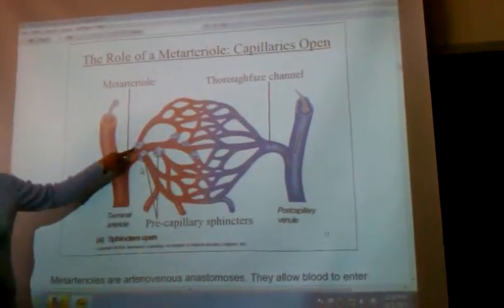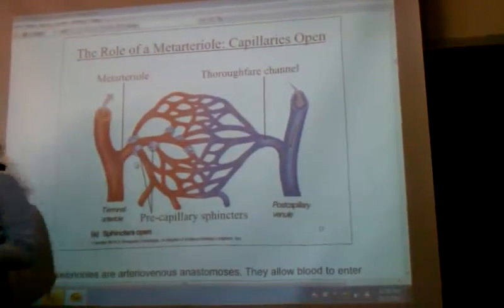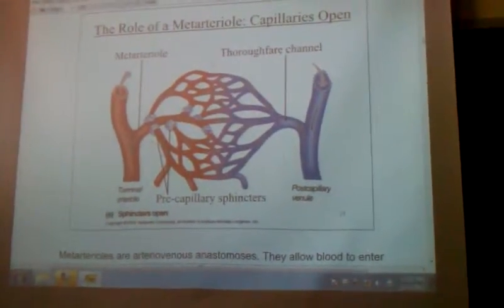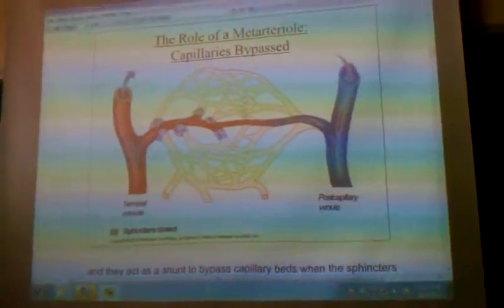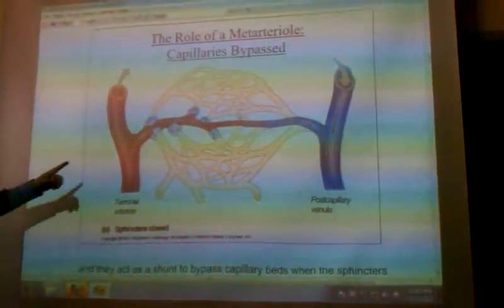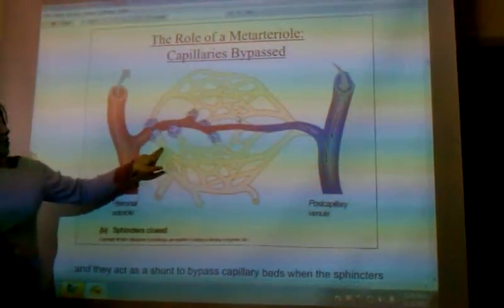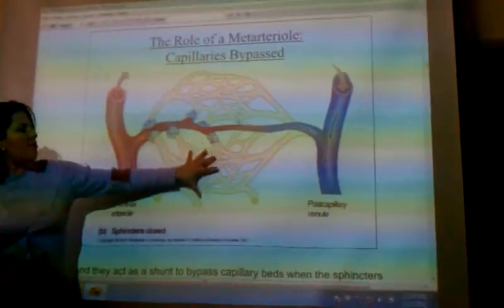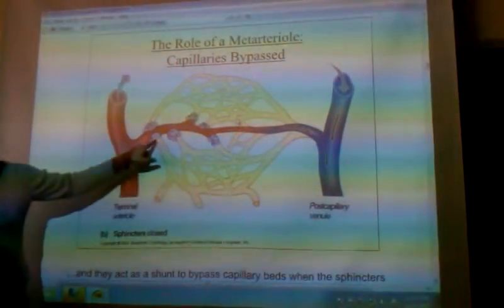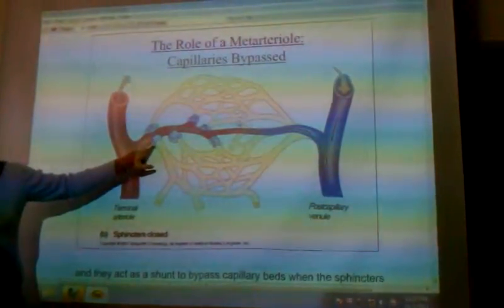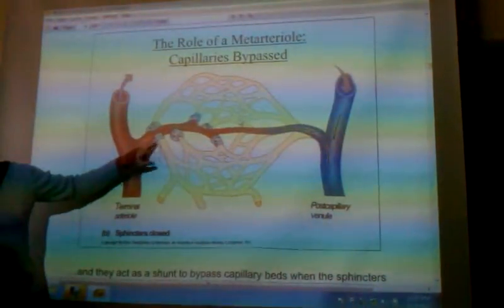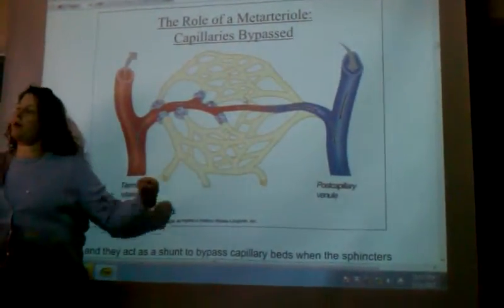If I tighten these sphincter muscles, look what happens. Look at that. The sphincter muscles have tightened. Here is our arteriole, okay? The capillaries are branching off of it into a capillary bed. The sphincters, or precapillary sphincters, have tightened and prevented or reduced blood flow to the capillary bed.